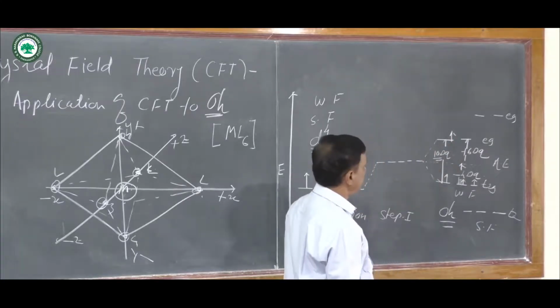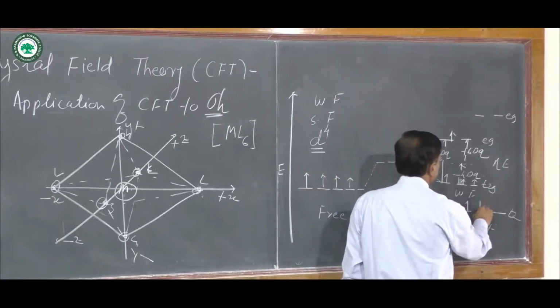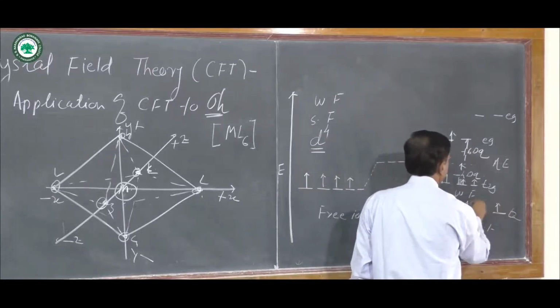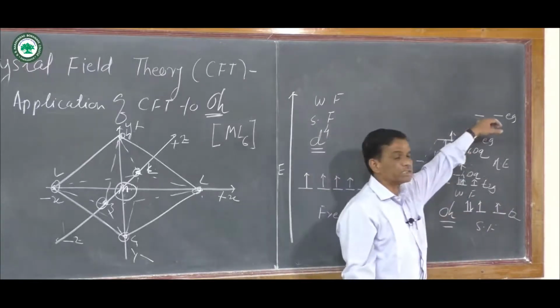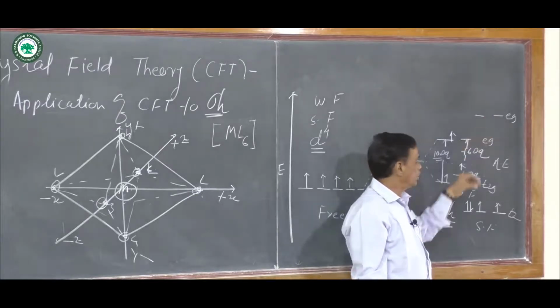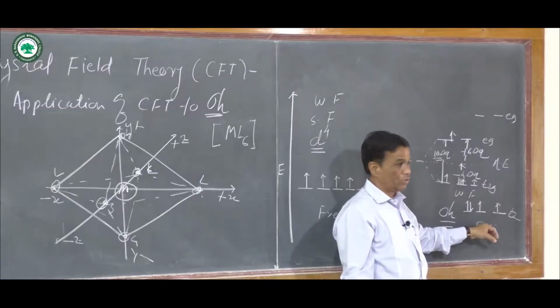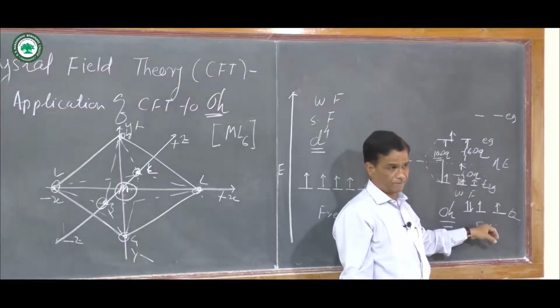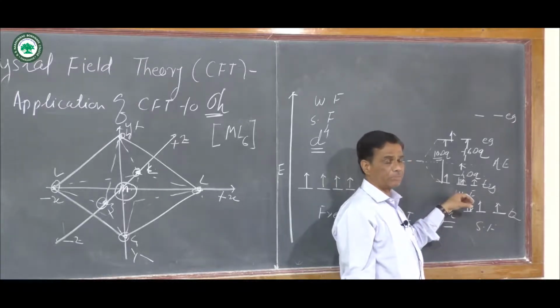But when a strong field is formed, one electron here, second here, third here, and the fourth electron goes for pairing and not to the excited state or higher energy. Therefore, strong field is also known as a low spin complex, and weak field is known as a high spin complex.